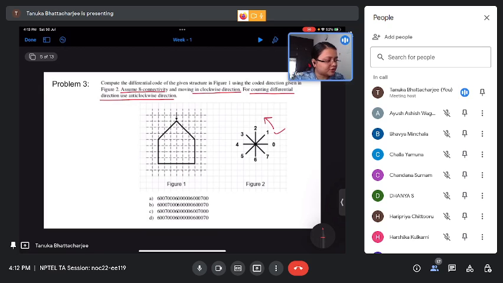So if we have direction 0 for one segment and direction 2 for the next segment, then the number of rotations needed for that change will be 2 in this direction. Okay. So let us look into this.